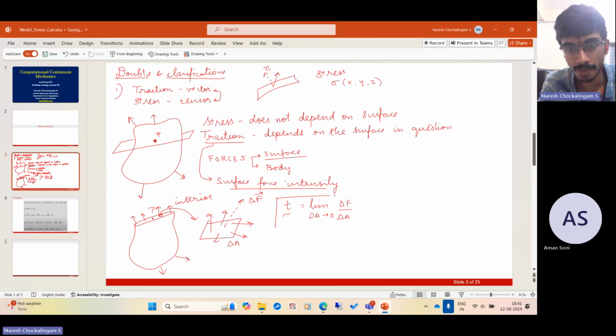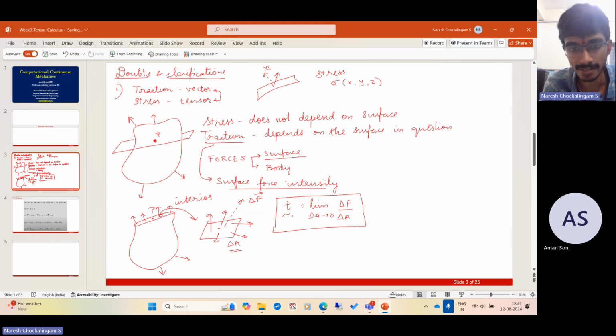So one of the fundamental hypotheses of continuum mechanics is that this limit exists. So if the limit exists, we can talk about traction. So on all internal surfaces, at every point, we can do this limiting process. You can take very small vanishing areas, find out the net resultant force, which is a vector, and divide it by that infinitesimal area. Take the limit as that area tends to 0.